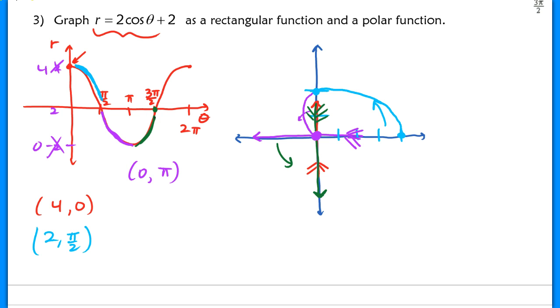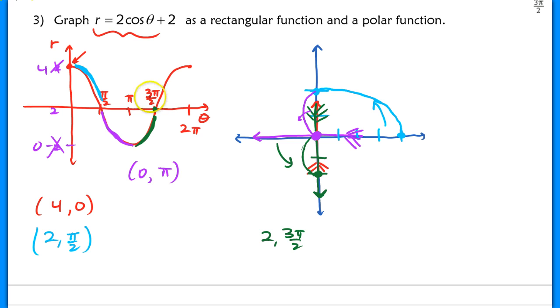I have a radius of 2, so I'm going to indicate that with 2, comma 3 pi over 2. That's that point here. Remember, this is an increasing function, so as this angle increases, the r value increases. It went from 0 to 2.